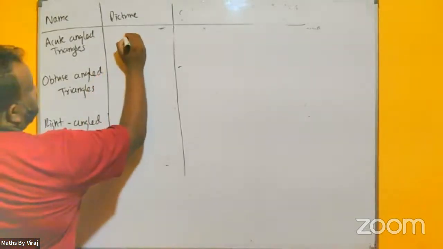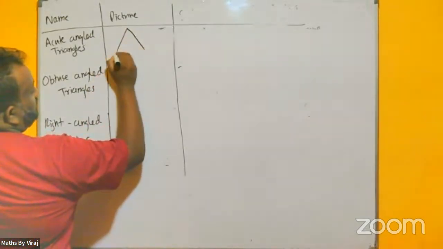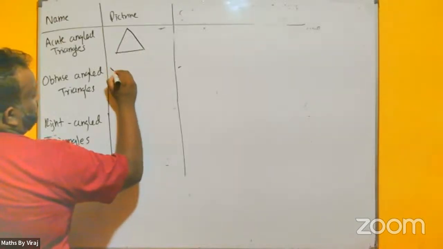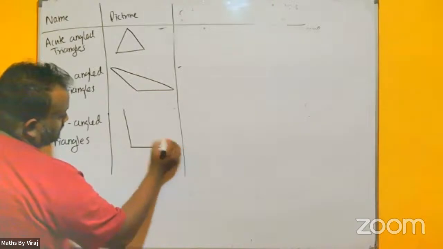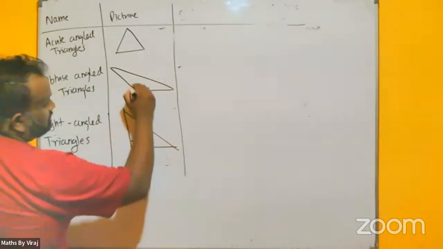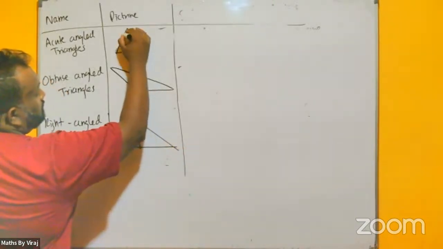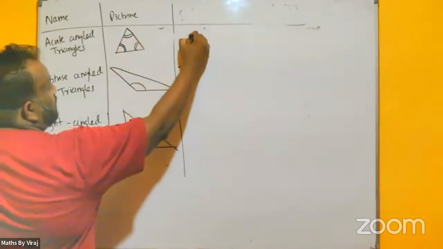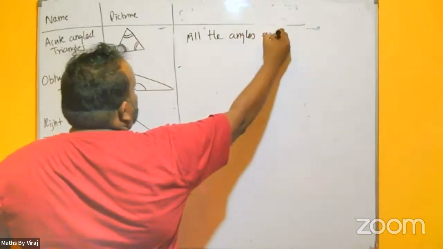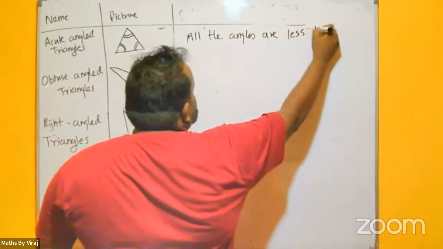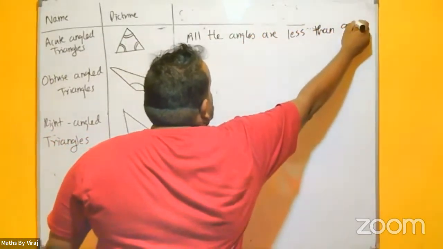A picture. All the angles are less than 90 degrees.